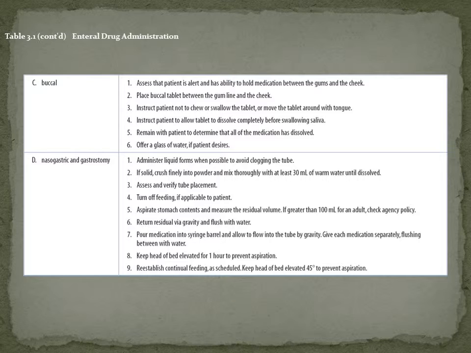Nasogastric and gastrostomy, hopefully we have it in a liquid form anytime it's possible in order to avoid clogging the tube. First thing we're always going to do is check for placement. Okay, that's going to be huge.